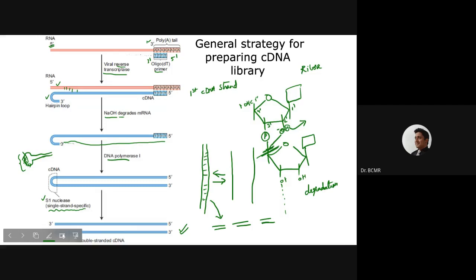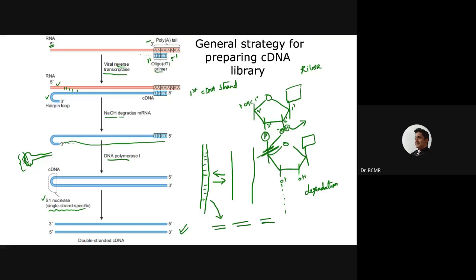Okay. As we keep looking at each of these protocols, we will have several advantages and disadvantages. Try to keep questioning yourselves, what is the disadvantage of this, and so on. I hope the objective is very clear. What is the objective? We want to clone the complementary DNA of that mRNA.